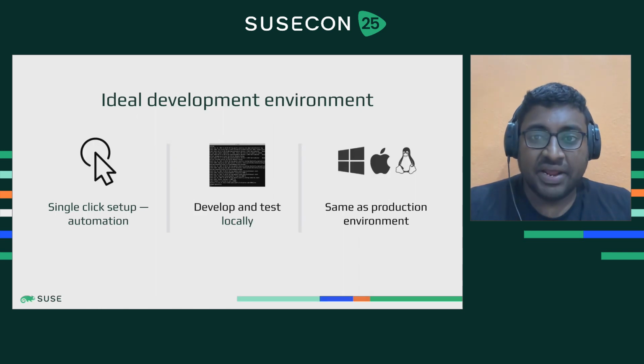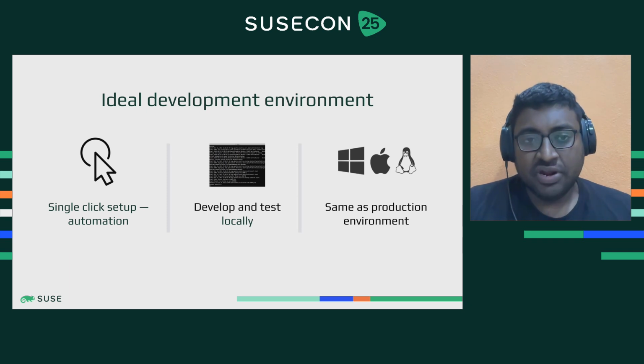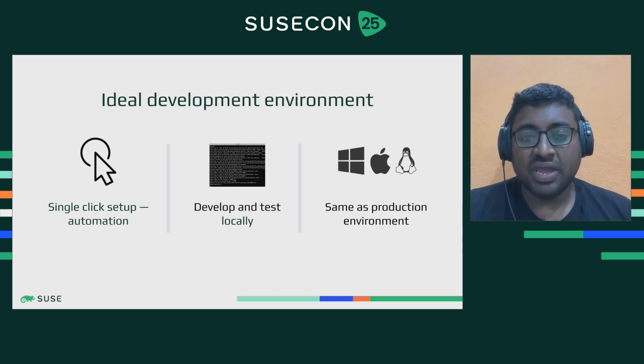An ideal development environment would look like a single-click setup. Say a new developer joins a team and setting up an environment is really a pain. I've seen developers in my previous ventures look at a wiki page, copy some of the instructions, and follow the setup steps.